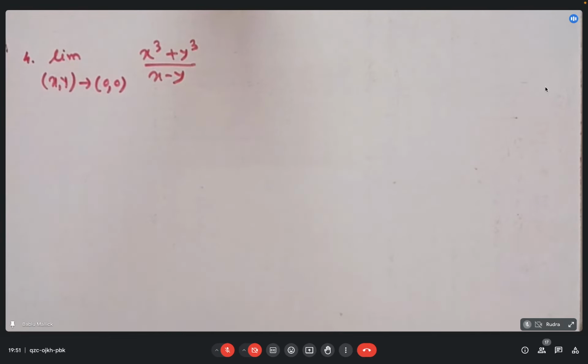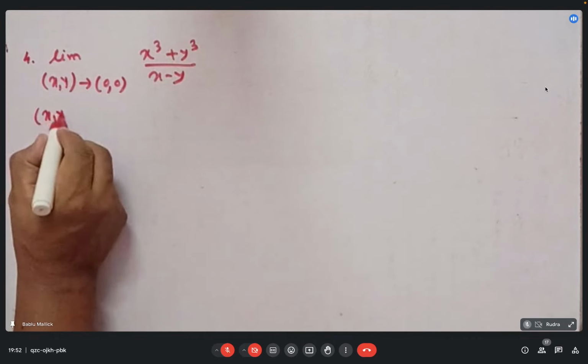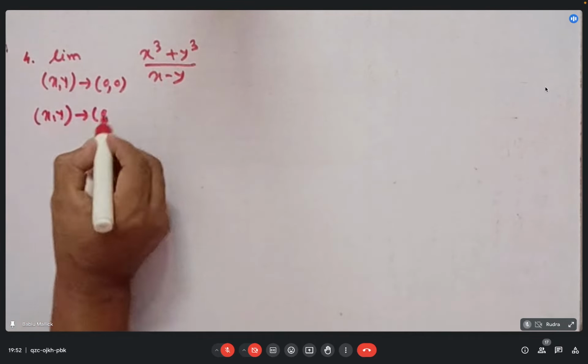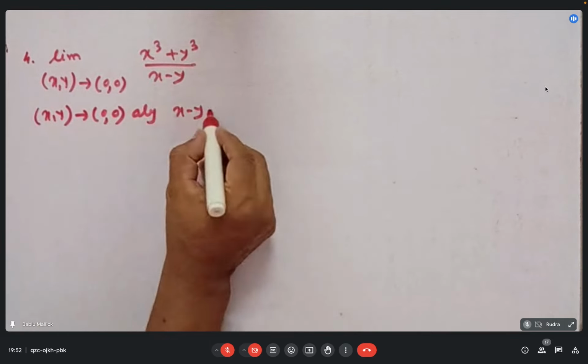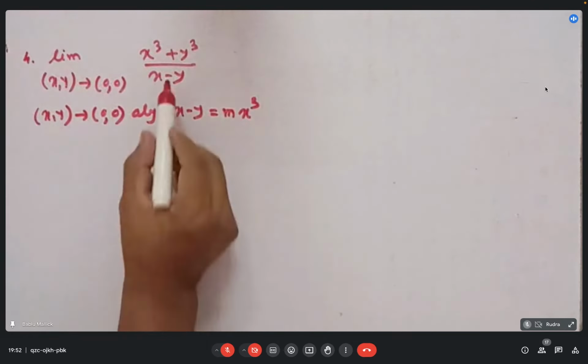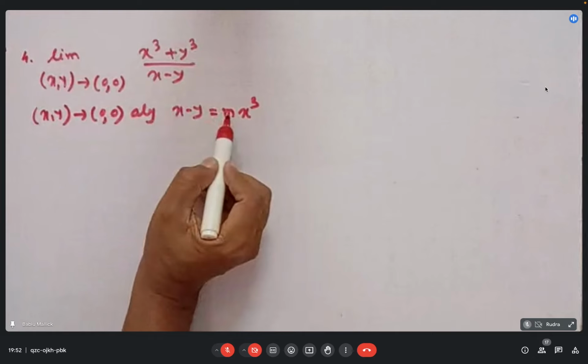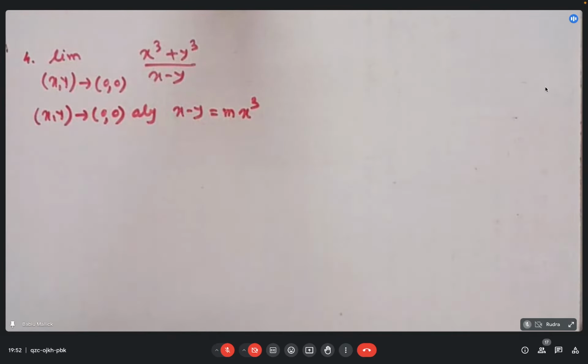This is also not homogeneous, so we shall choose some different path. Let (x, y) tend to (0, 0) along x minus y = m into x cube. So if I put x minus y = m into x cube, then every term will be cubic.